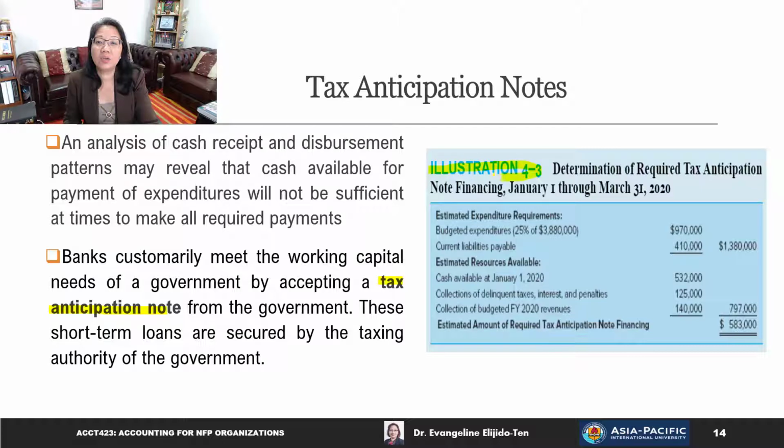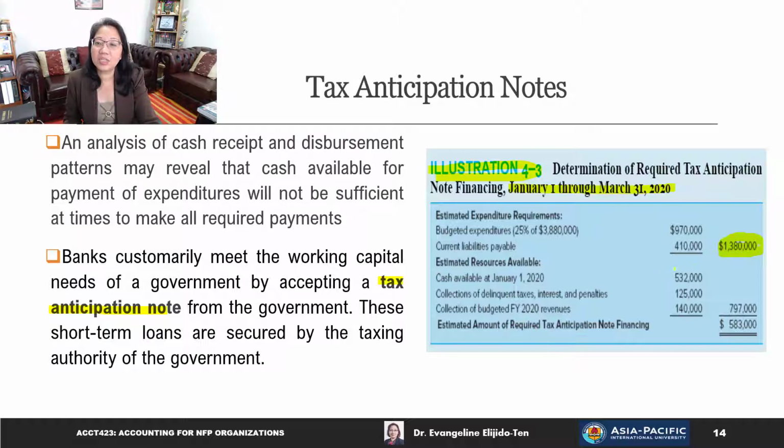Illustration 4-3 of your textbook actually shows this calculation. This city of Brighton is expecting to pay $1,380,000 worth in the first quarter from January 1st to March 31, 2020.